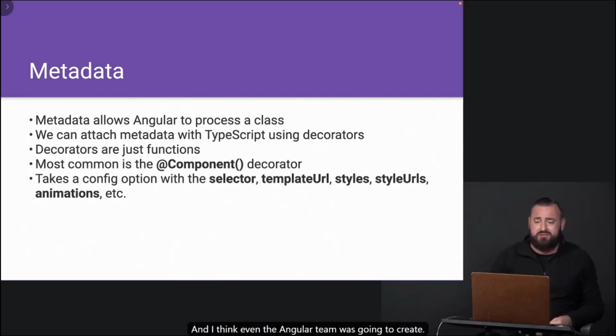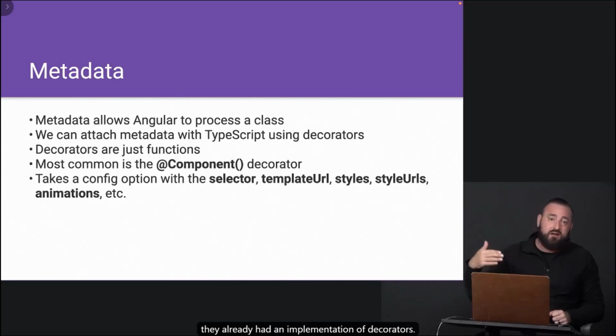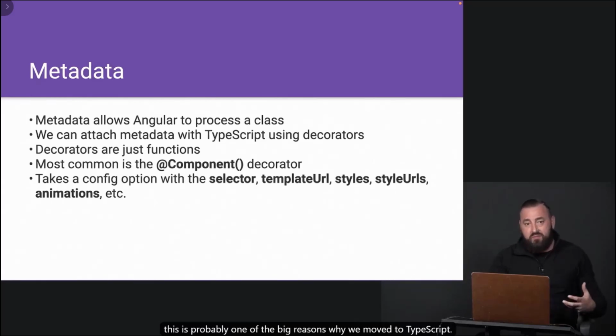I think even the Angular team was going to create, I think they were going to call it @script or something. Thank God they did not. But they realized that TypeScript already had an implementation of decorators. And so, in my opinion, this is probably one of the big reasons why we moved to TypeScript.